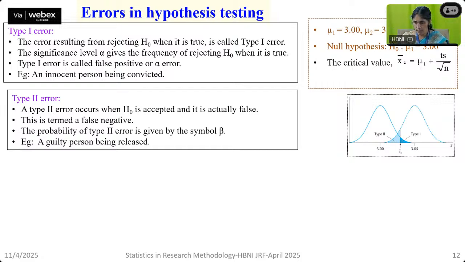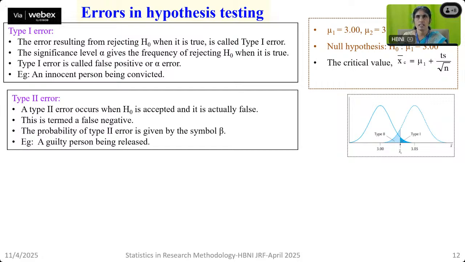The darker blue portion which is rejected, when we say that mu1 does not include that portion, is the region where we reject the null hypothesis.